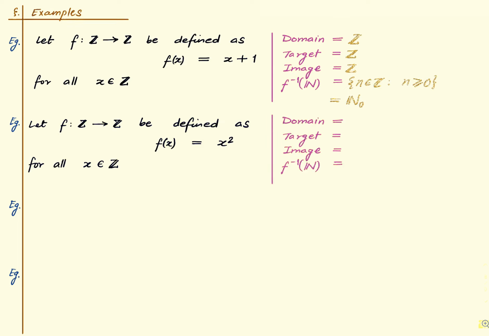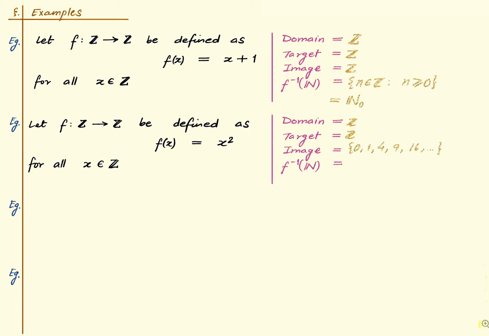Another example. This was our second example where the function picks some integer and outputs the square of that integer. The domain is Z and the target is Z. The image. Image is all the possible perfect squares that you can get. So one way to write the image is n squared, n in N0, but that's cheating. There's nothing wrong with what I wrote, but maybe more informative is the roster form in this case. So this is what the image is.